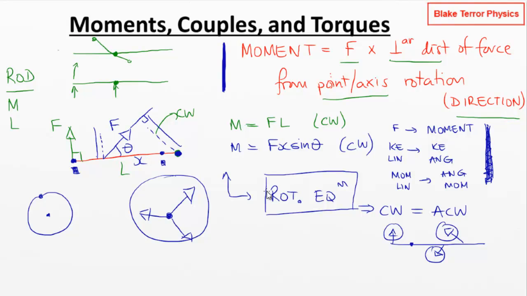Now, couples and torques, these are a lot quicker to go through. A couple is just a pure rotation. So you can apply a force to an extended object that might both rotate it and translate it. That's quite conceivable.